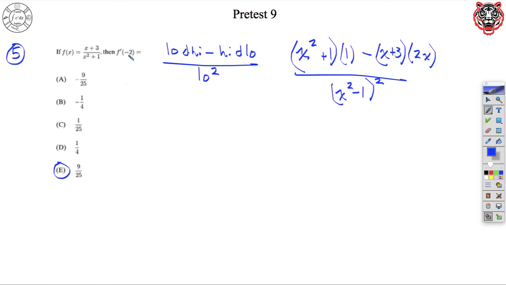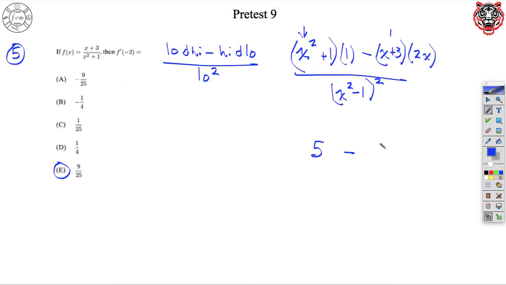How did you get the 1 after the x squared plus 1? The derivative of x plus 3 is just 1. All right, so I'm plugging in -2. -2 squared gives me a 4. 4 plus 1 is a 5. Minus, if I plug in a -2, I get 1 here, so that just turns into a 1. And if I plug in a -2 here, that's going to be a -4.